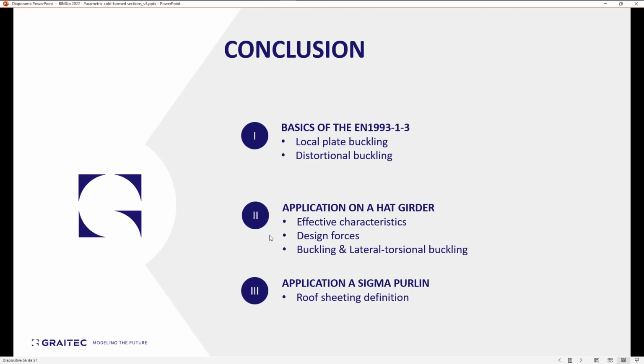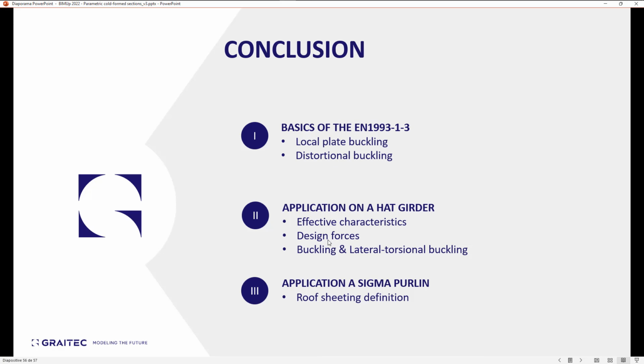Alright, so that's it for this session. So brief recall of what we've seen. We've mentioned the basics of Eurocode 3 Part 1.3 with local plate buckling and distortional buckling. We've applied all that first on a hat section where we found out the effective characteristics.